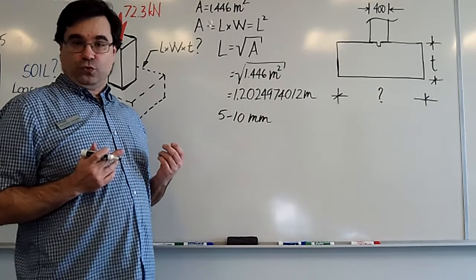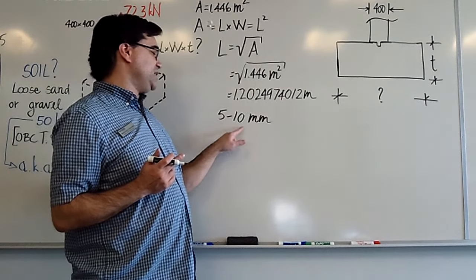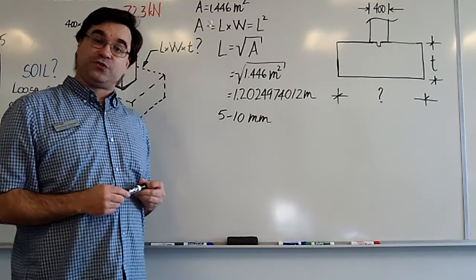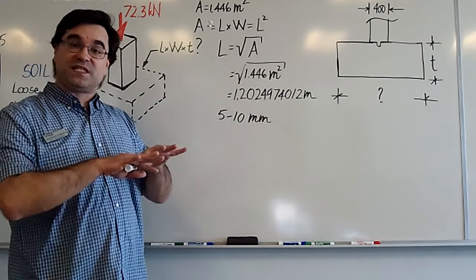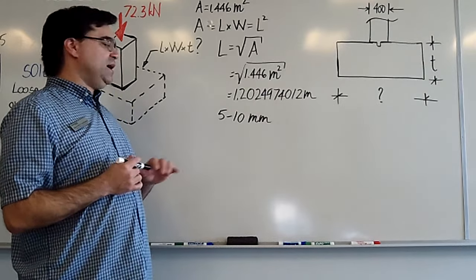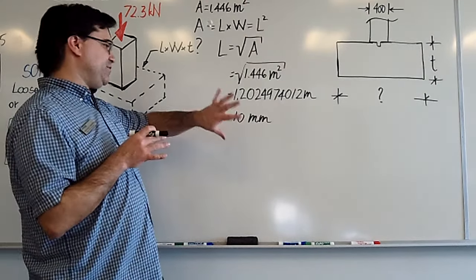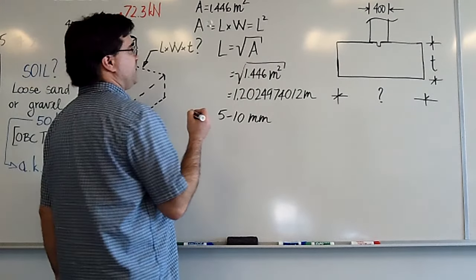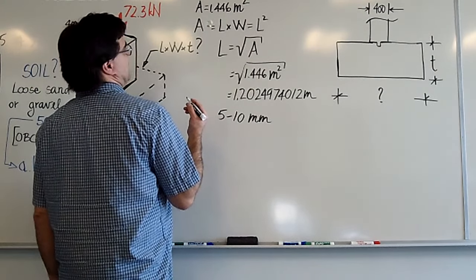So what we need to do is decide what level of precision we're looking for. And that's where you would ask your supervisor, your boss, okay? Or it would be established in your company. For the purposes of this example, let's assume we're going to go to the nearest 5 millimeters, like that.